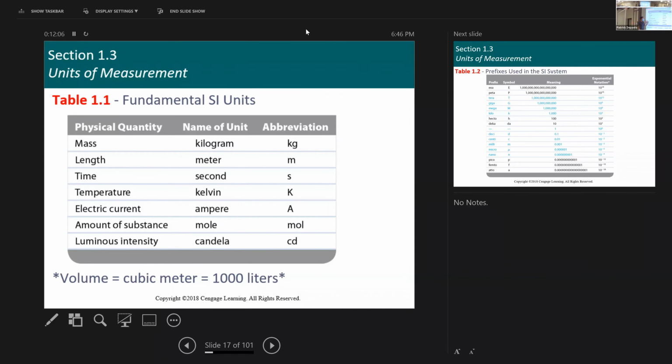Then there are two we're not really going to cover: electric current, which is the ampere or the amp, and that's more in physics, and luminous intensity with the candela. But what we are going to talk about a lot is the amount of substance, which is the mole. Look at the nice job they did abbreviating it: M-O-L-E, I'll take off the E, mole.